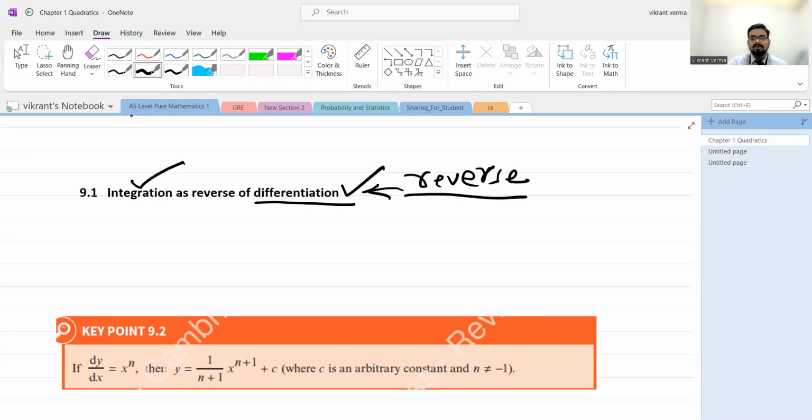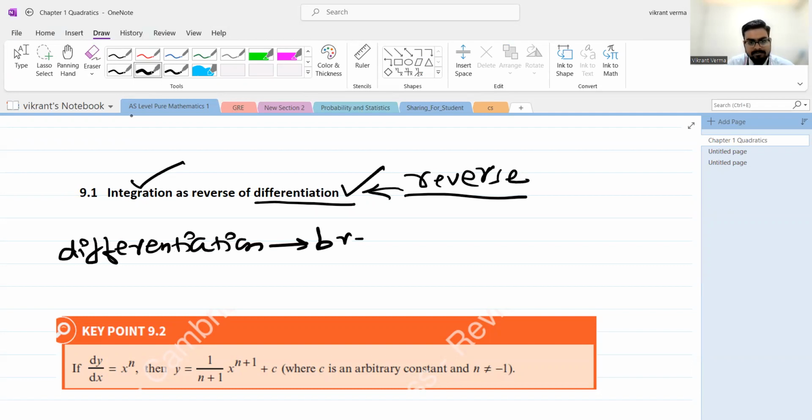Okay, so in a simple terminology, differentiation means what? The meaning of differentiation is to break down in smaller parts, to break down in smaller parts.